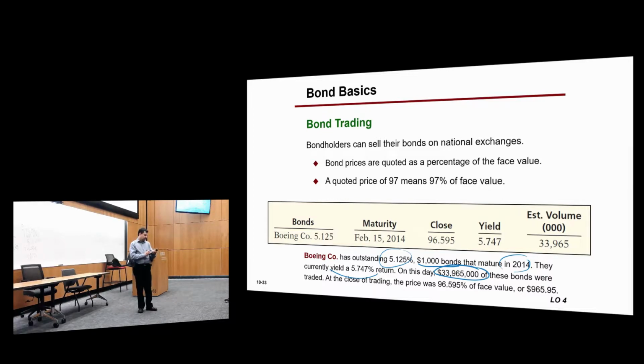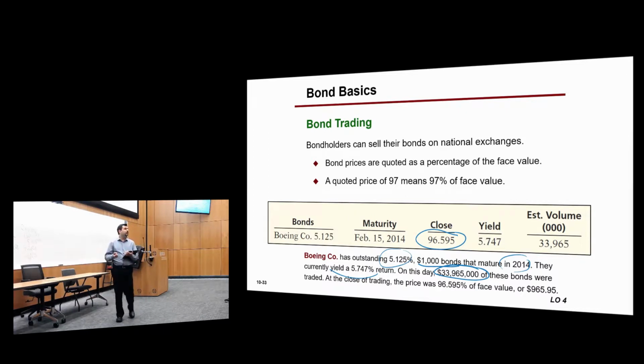Now, when you see that they were sold, the closing price was 96.595, that's 96.595%. This means this is 96.595% of the face value. So the face value is 1,000.